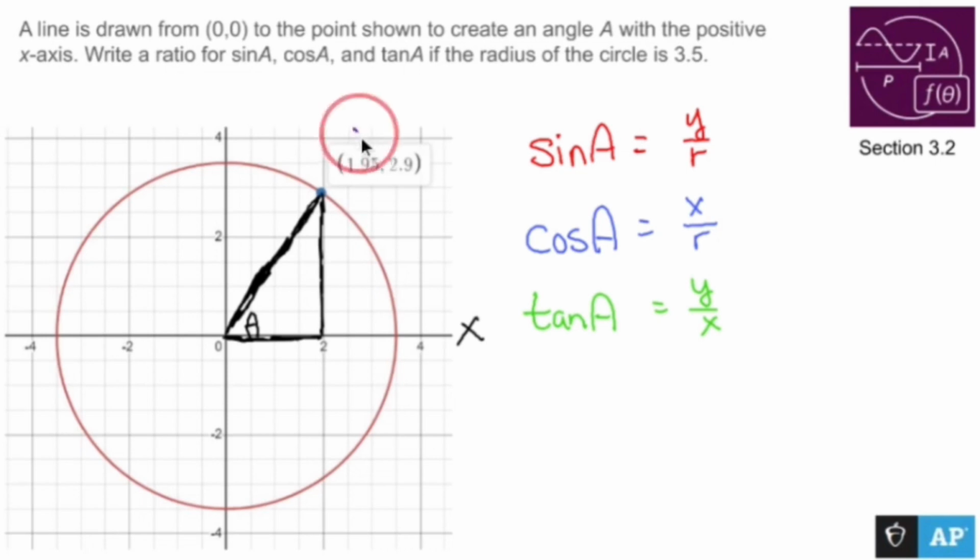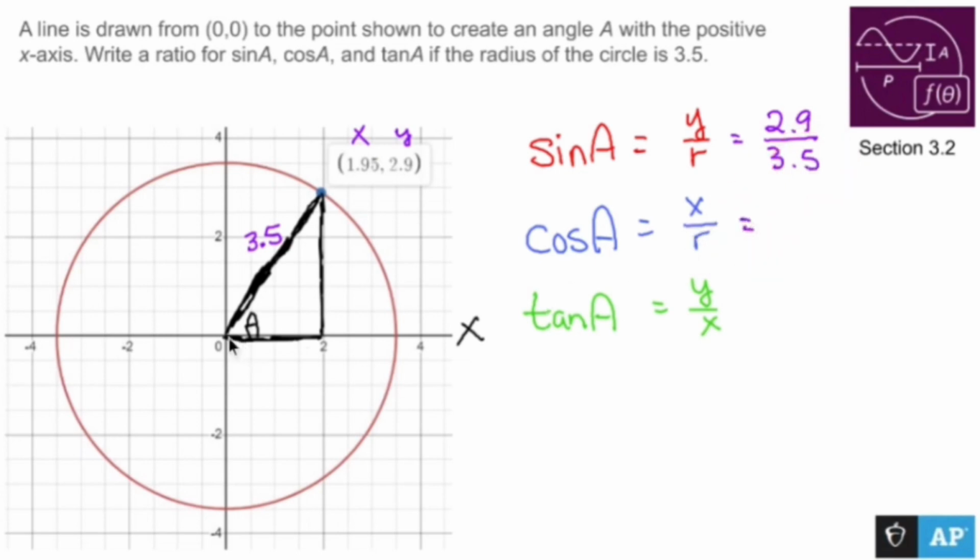Now, what do I know? I know my x value is 1.95. I know my y value is 2.9. Is my r 1? No. My r appears to be 3.5. So sine A in this case is going to be my y value, 2.9, over my radius, 3.5, and we'll leave it like that.